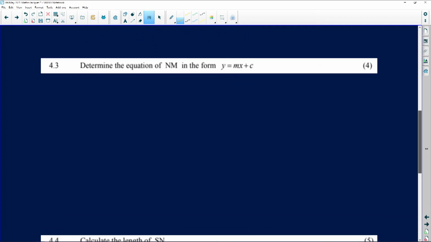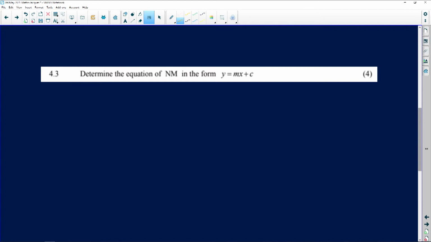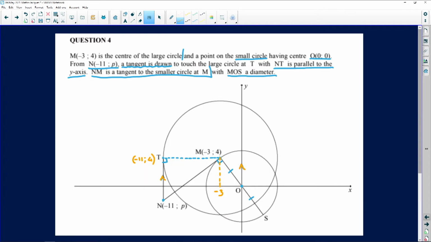Determine the equation of NM. Now I've got to go back. NM is this line over there. We want its equation. Now that's quite interesting. I'm going to put these up here.